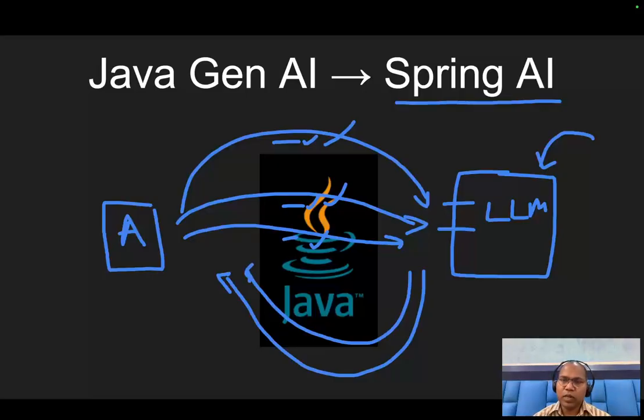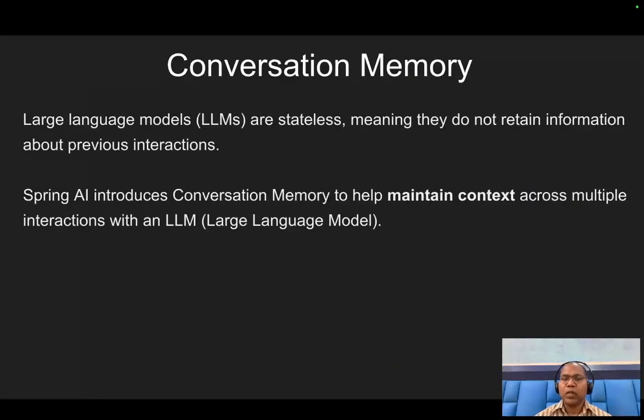So how does Spring AI help us maintain the conversation between our application and the LLM, and maintain the conversation history? The topic today is conversation memory.